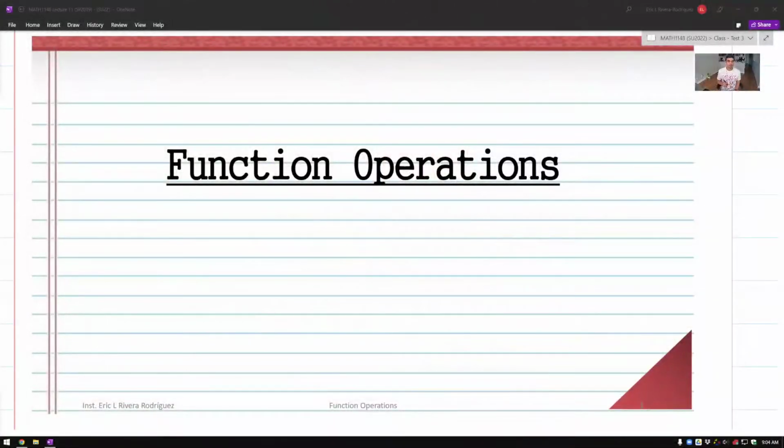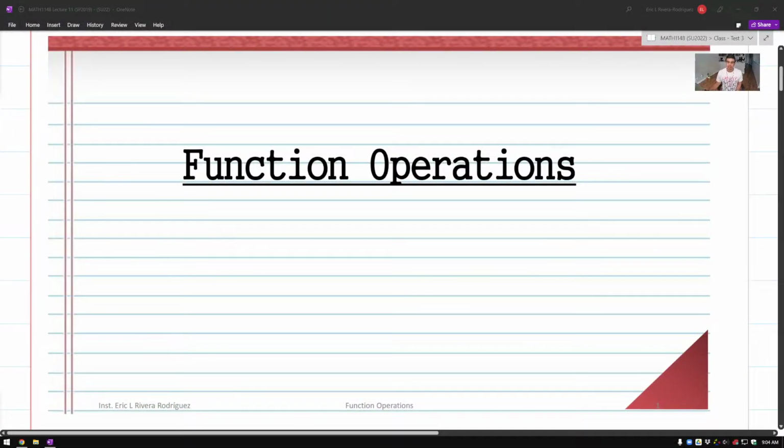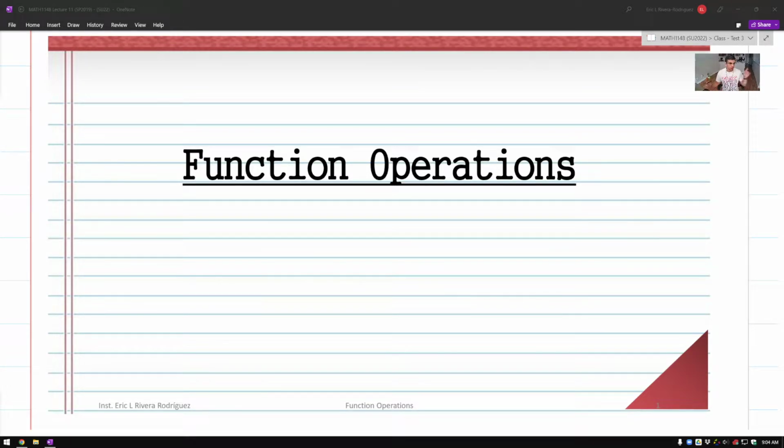So let's start with test number 3. Today we are going to focus on function operations: composite functions, one-to-one functions, and inverse functions. We are going to learn how to do function operations, specifically composite functions. Then we are going to learn what a one-to-one function is, and by the end of the class, the method to find inverse functions.